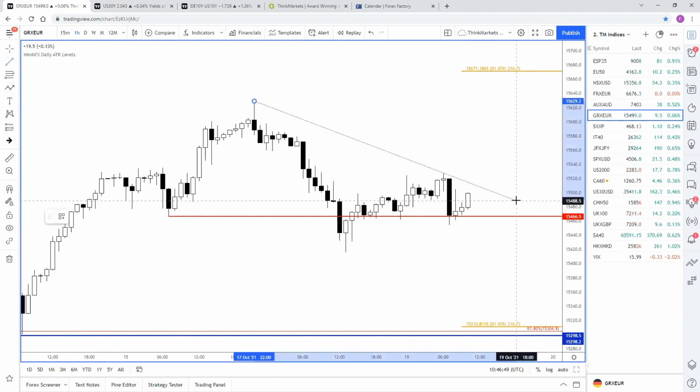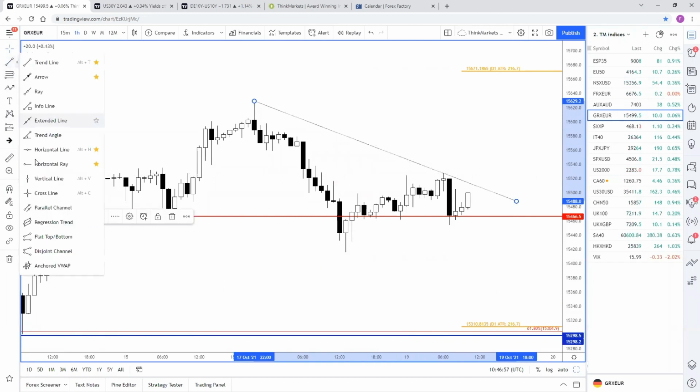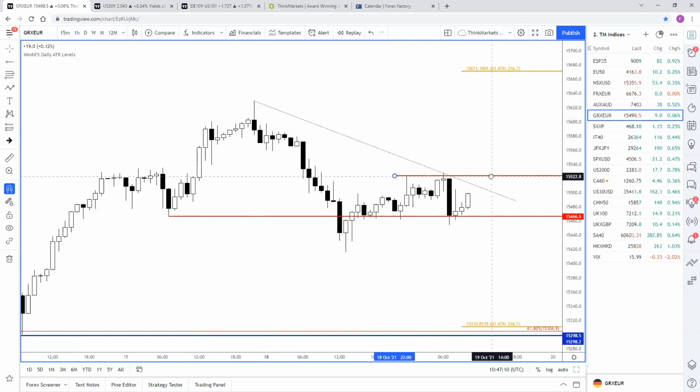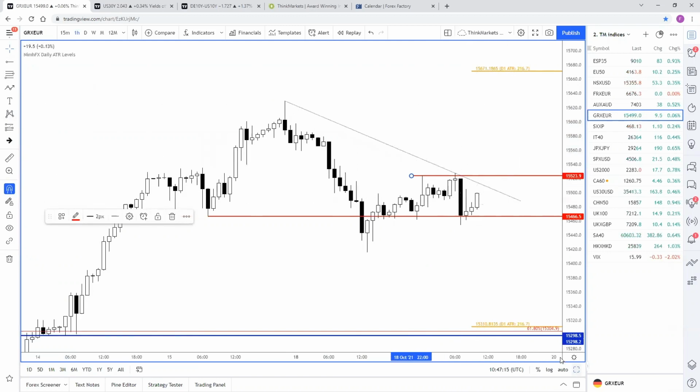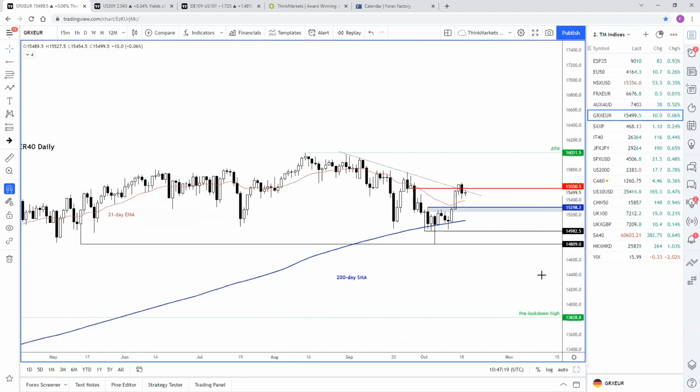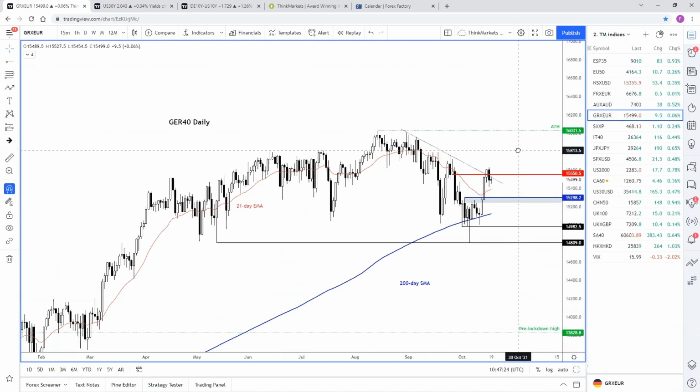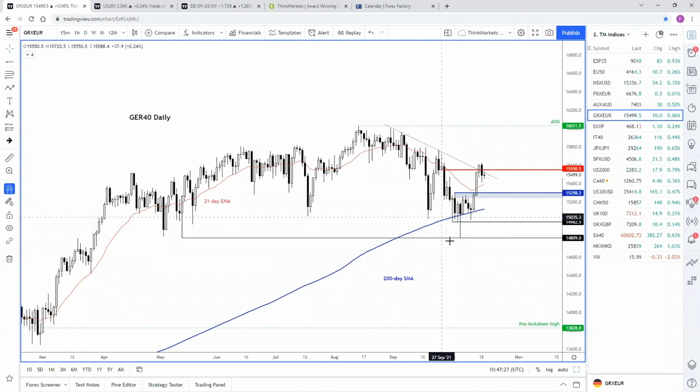The DAX is forming a triangle pattern on the hourly chart, so it looks like it might break out. If it breaks above this level, it could lead to some gains towards and probably above yesterday's highs. The level to watch is 15,530 or thereabouts. This resistance level needs to break, which should clear the way for the DAX to push higher and head towards the all-time highs, because the recent trend has been quite positive.